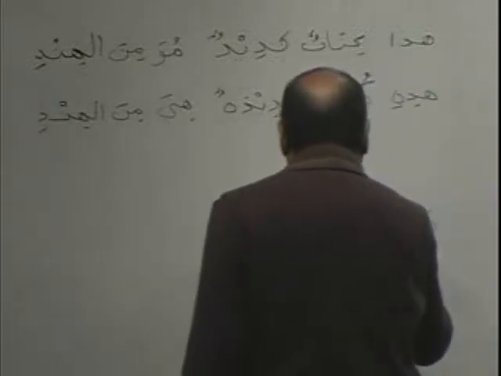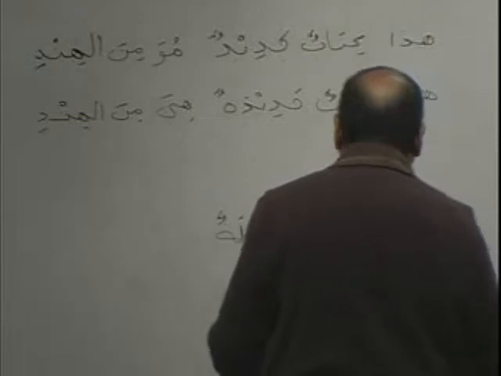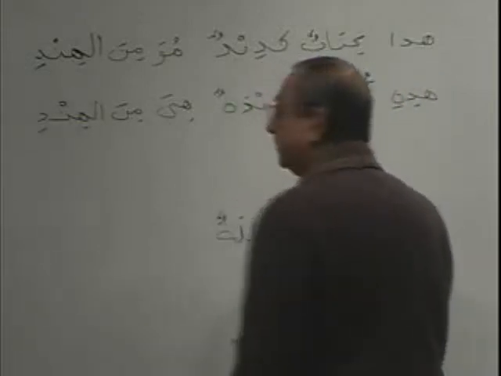See now, jamilatun, brother? Let me write down in an indefinite way. Hazihi sa'atun jamilatun. What is hazihi? Mubtada. Why did you use hazihi and not hadha? Because sa'atun is a muannas. So mubtada and khabar should match. Okay?